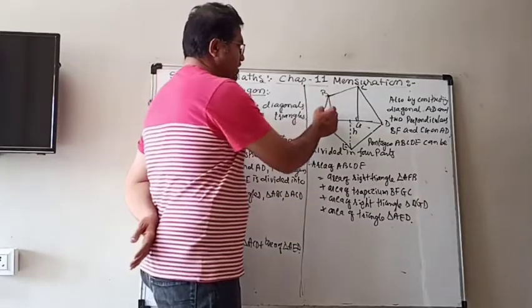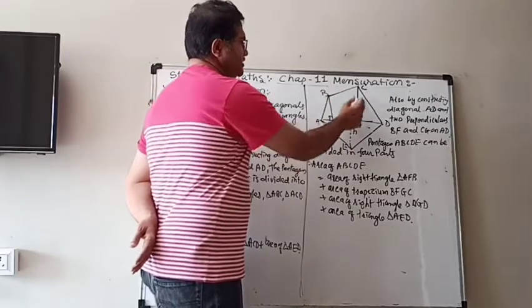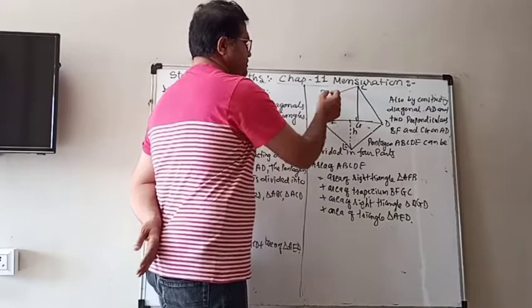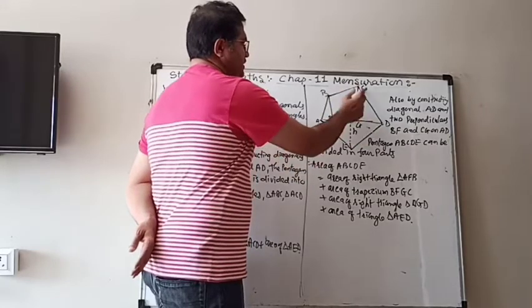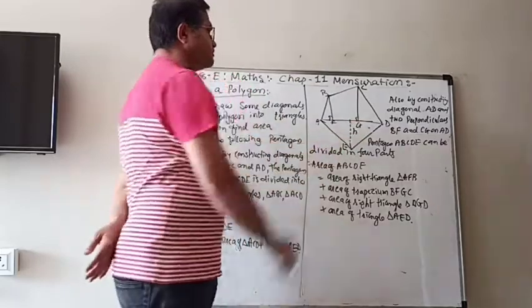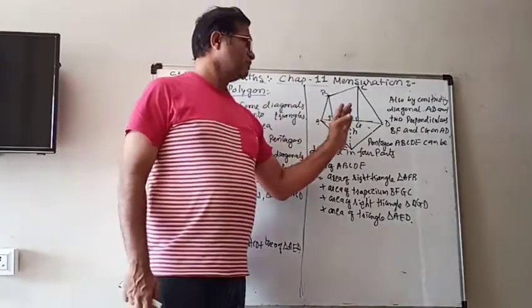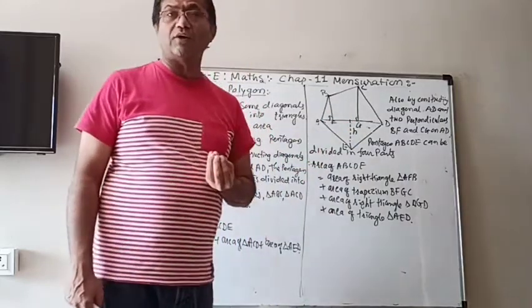One is the triangle AFB, which is a right triangle. One is the trapezium BFGC. One is another right triangle, and the other is triangle AED. So now by this we can find out the area of the pentagon.